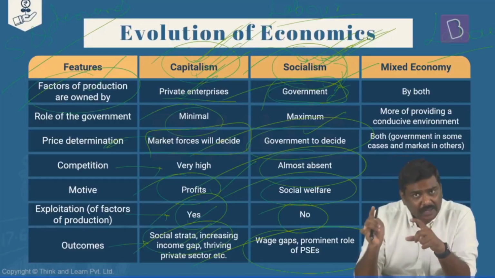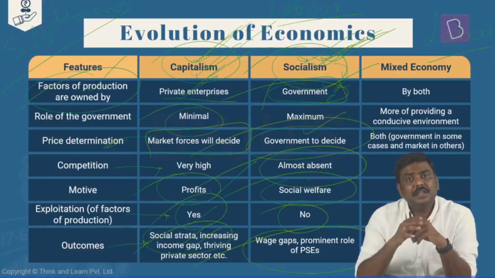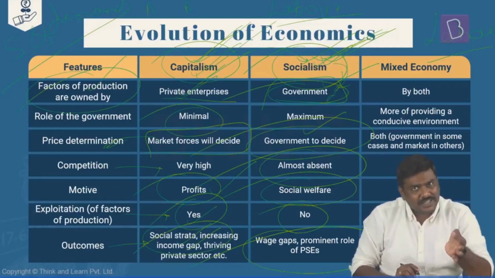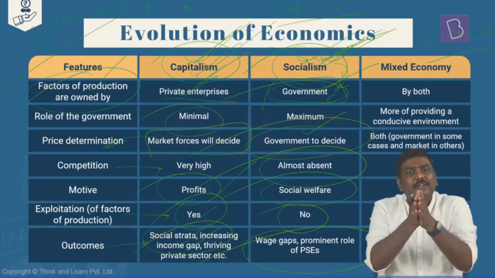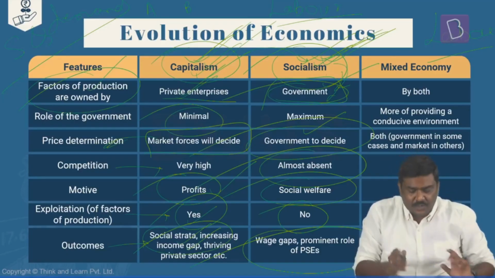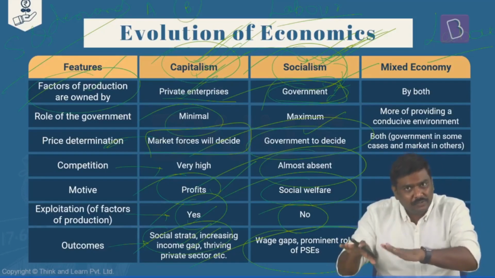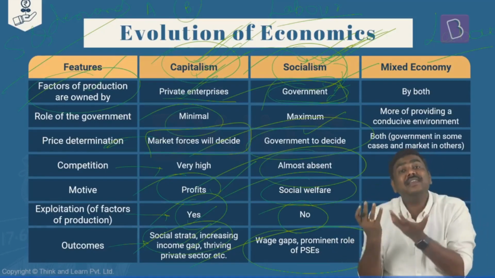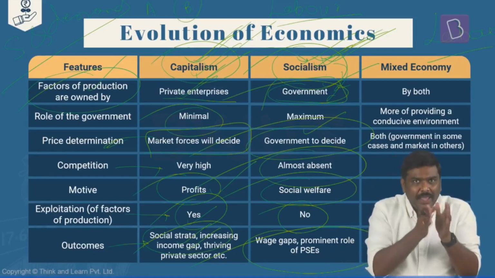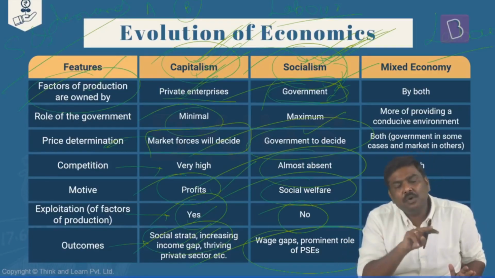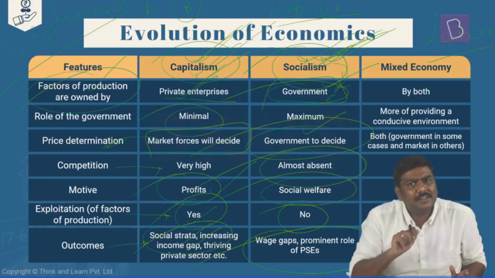Having said so, even in case of socialism, what happens is, imagine there are two workers, A and B. Both of them, based on skill set and qualification, will be employed at two different positions. Let's assume B is the floor level worker. He is the person who is actually working on the floor, and A is his manager. So obviously, when A is the manager and B is the lowest level worker, can you expect both of them to be paid the same amount of salaries or wages?